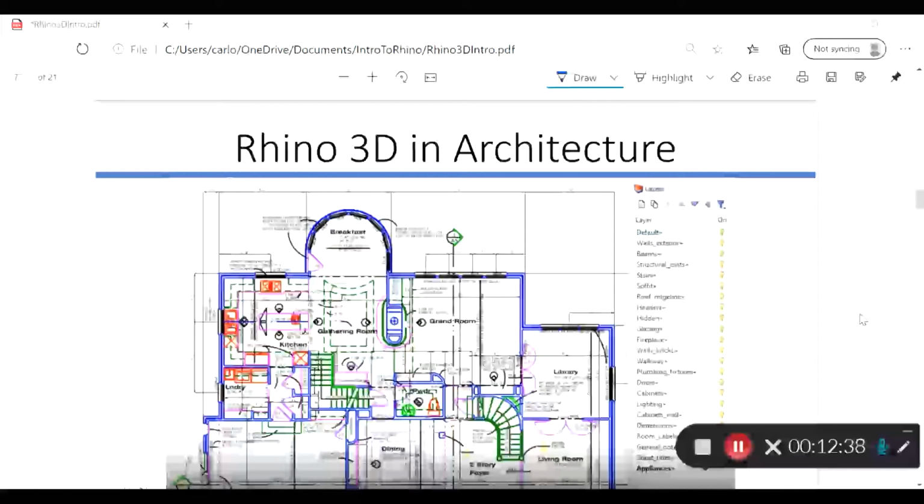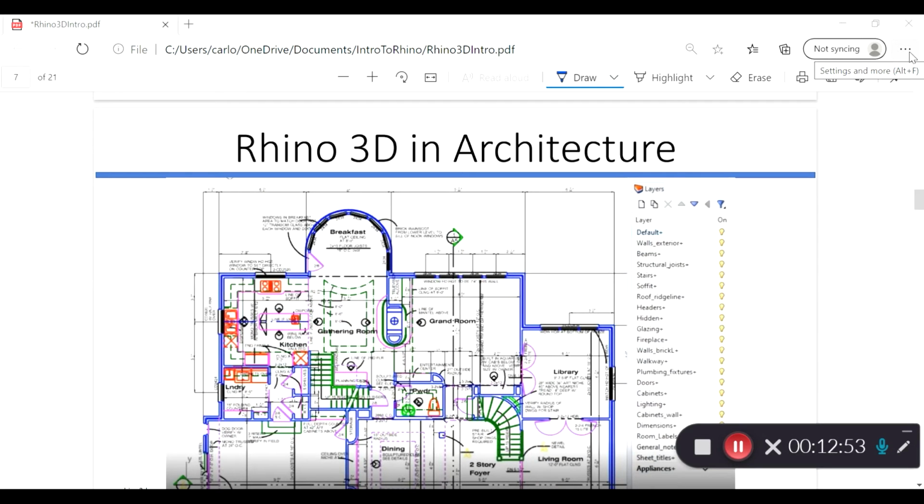Now, at this point, I want to clarify that I do not aim to teach architecture through Rhino, and I don't aim to teach engineering through Rhino 3D. On the other hand, I aim to teach or introduce Rhino using examples in engineering and also some examples in architecture.